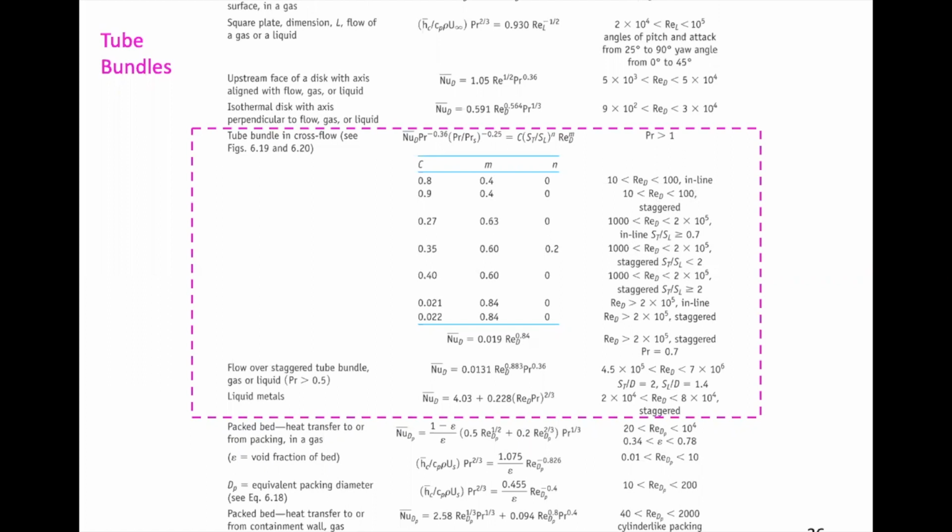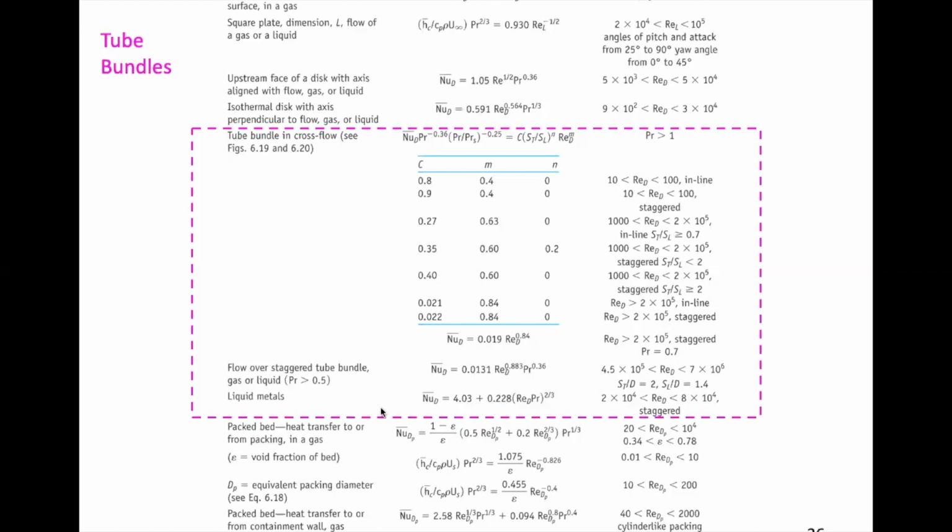It's something you need to be very careful with when working with this table, because you need to choose the C and m parameters depending on the Reynolds number, the geometry of the bundle, whether it is inline or staggered, and the ratio of the pitches.